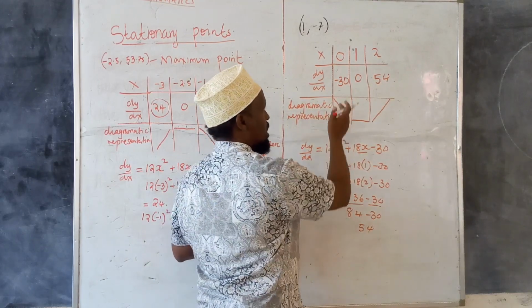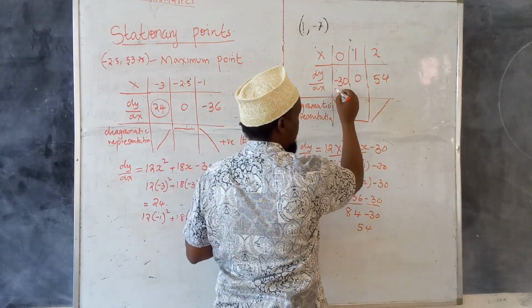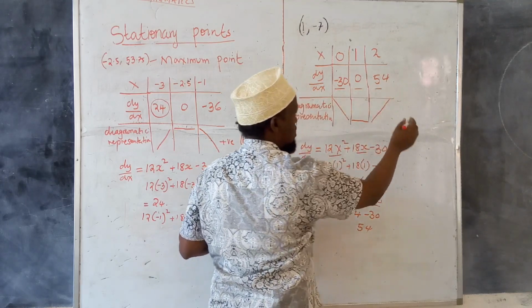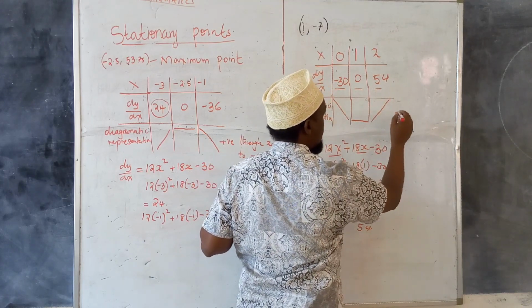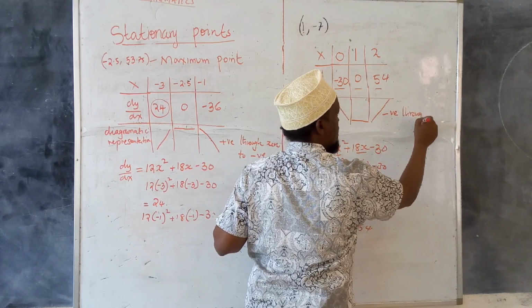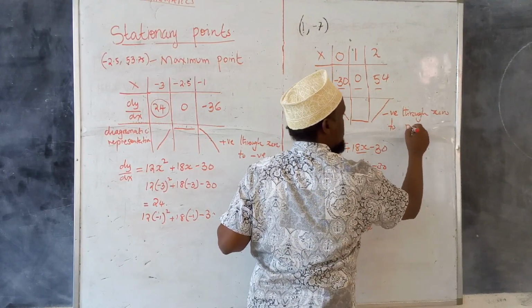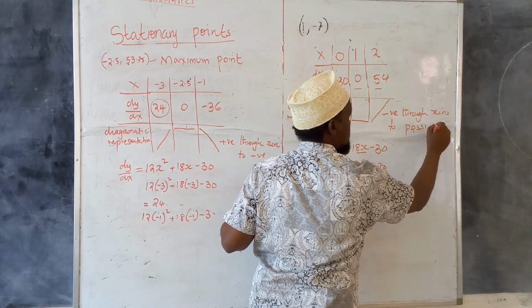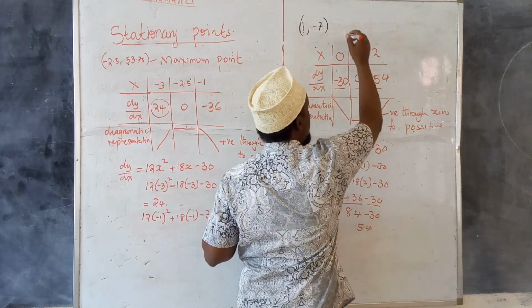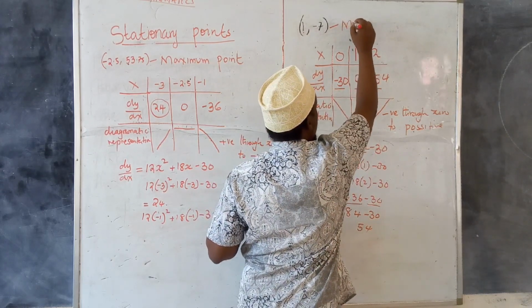Good. Now from here we can see that the sign of the gradient is changing from negative through 0 to positive. Then we say this point is a minimum point.